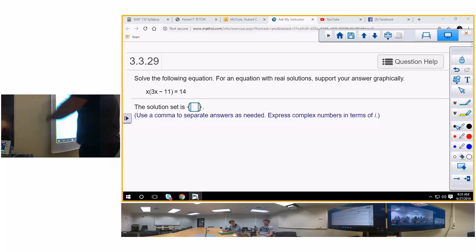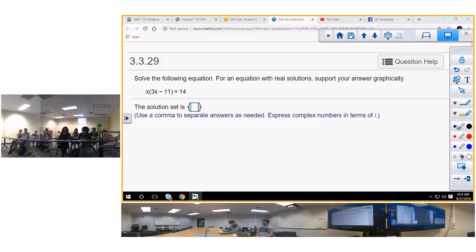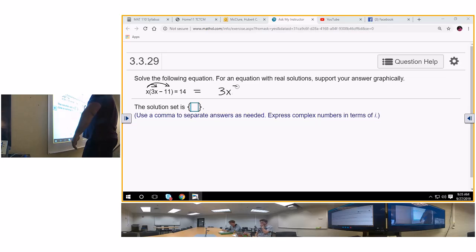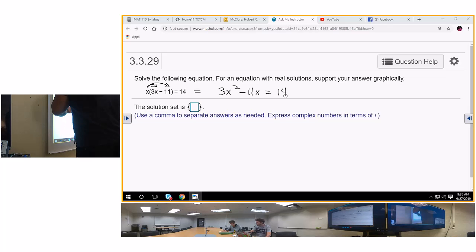All right, so what we're going to do, we're going to distribute, and that gives us 3x squared minus 11x is equal to 14. And now we can use, well, we can't use it because I haven't shown you how to do it yet, but since you don't know how to complete the square yet, you may be able to factor.